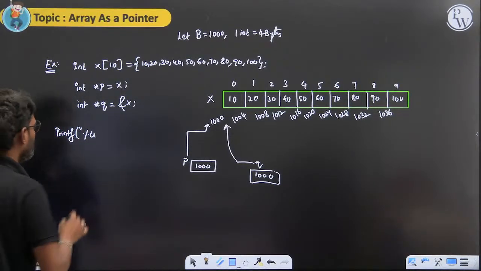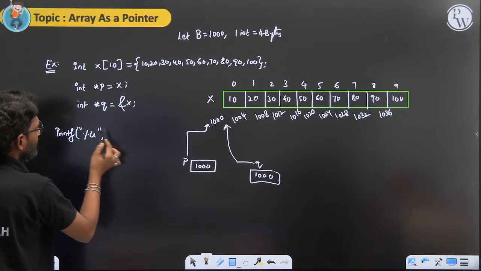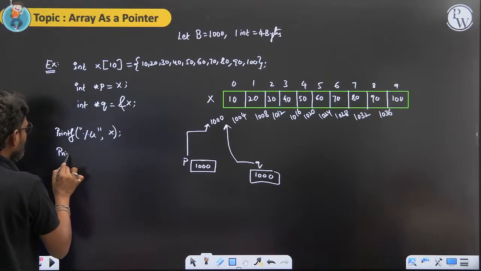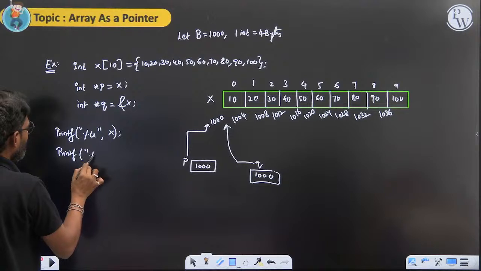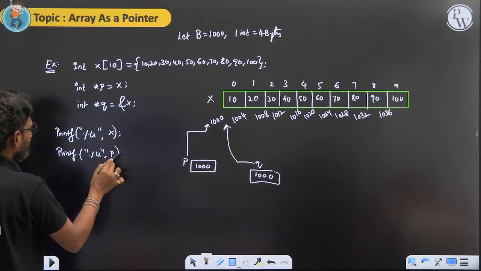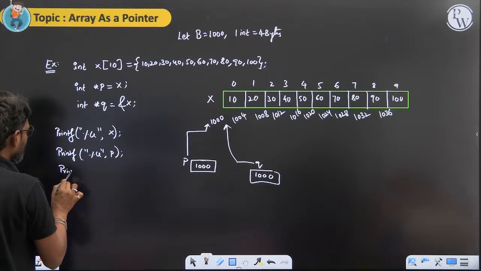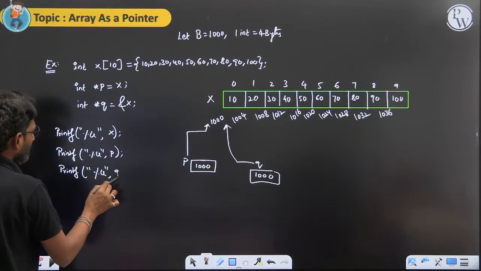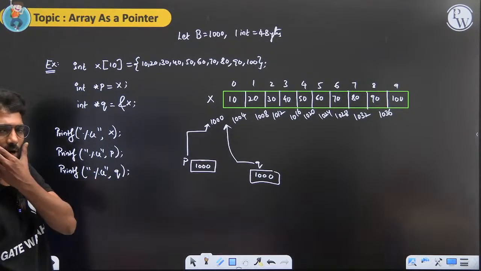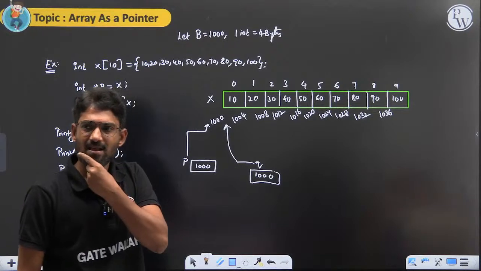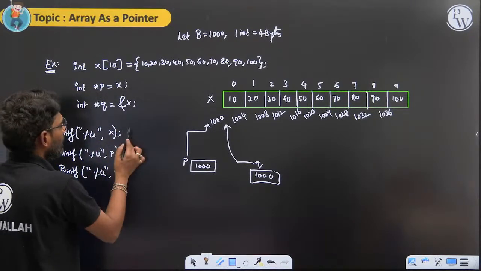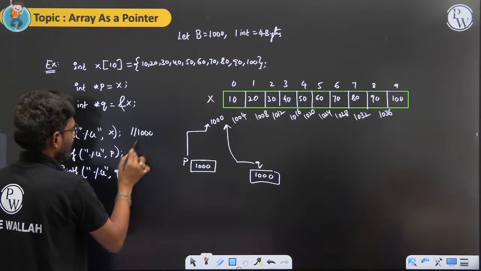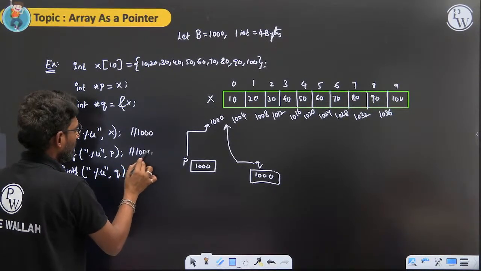So when I write %u comma x, %u comma P, %u comma Q, what do I get? Base address. All will be giving what? Base address.